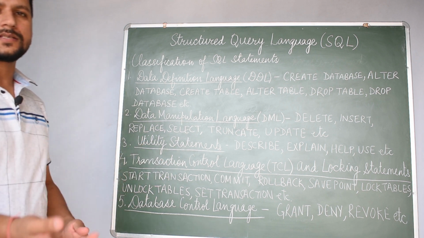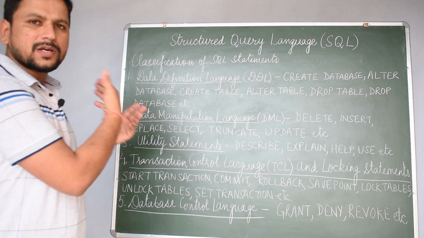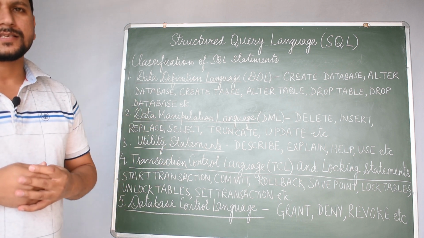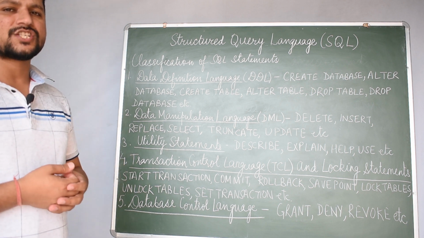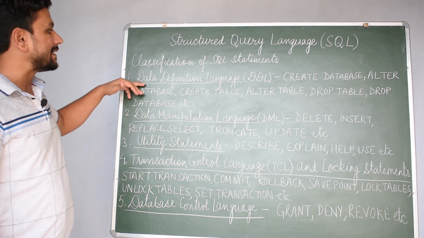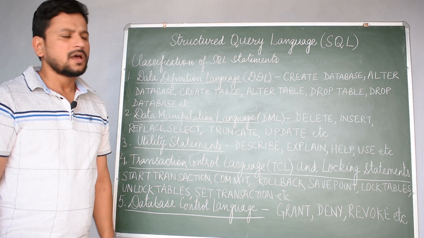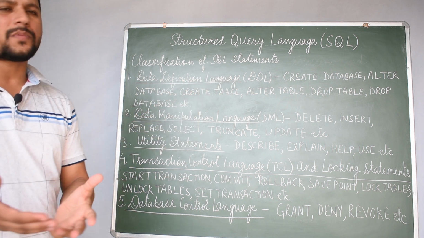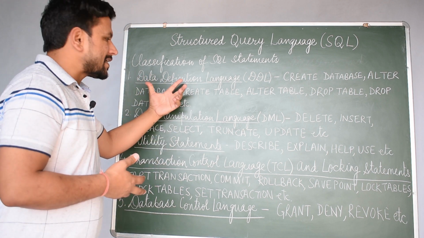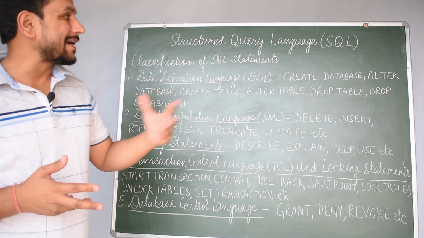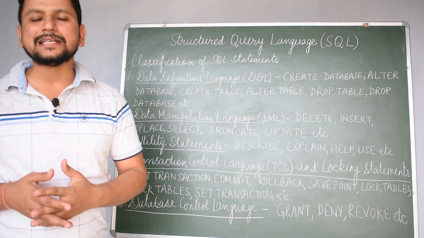We will discuss one by one the purpose of the different categories and examples of each category. First of all, data definition language. First we will see what is the purpose of this category. Data definition language, that is DDL.